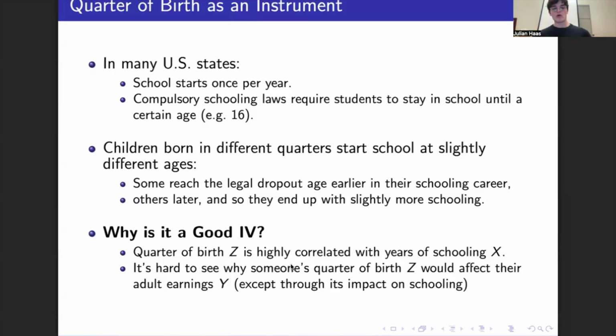And we may wonder, okay, well, why is this a good IV? I mean, the quarter you're born in is highly correlated with your years of schooling for exactly the reasons we just said.